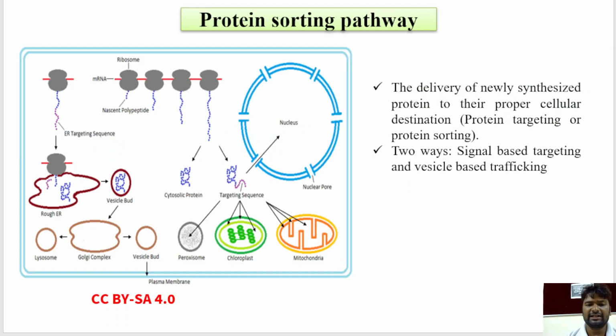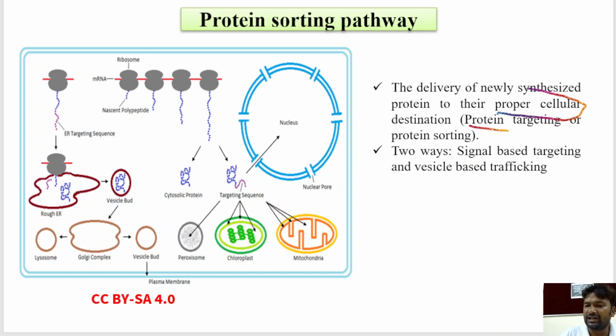Now, next is the protein sorting pathway. So, friends, we know that protein synthesis occurs in the translation process, and here the newly synthesized proteins are destined for the proper cellular organelle.